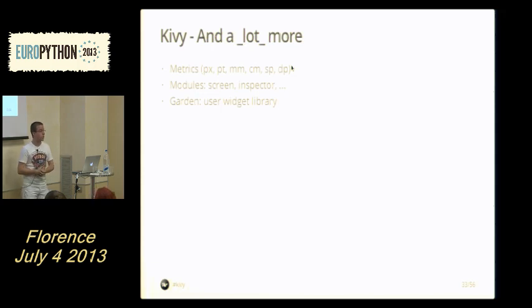So we have, the same as Android, scale-independent pixels and density-independent pixels. So it's sp and dp, and you put a value, and depending on the device, the real size will change. But it aims to give the same feeling across devices.